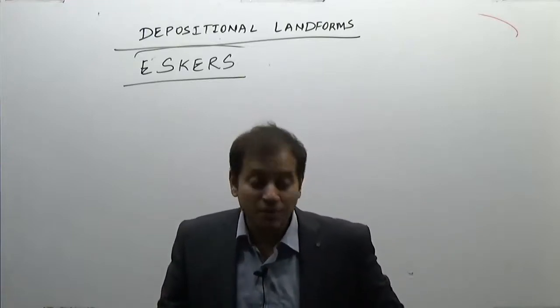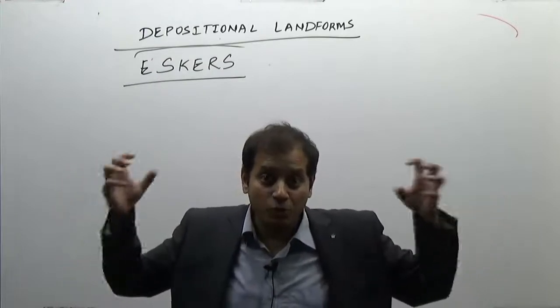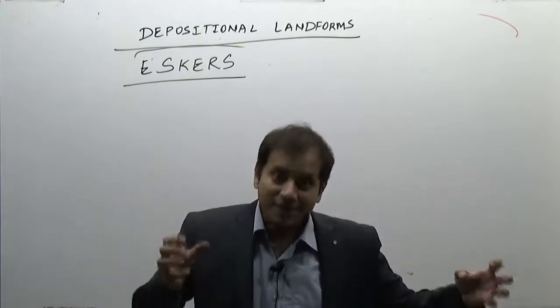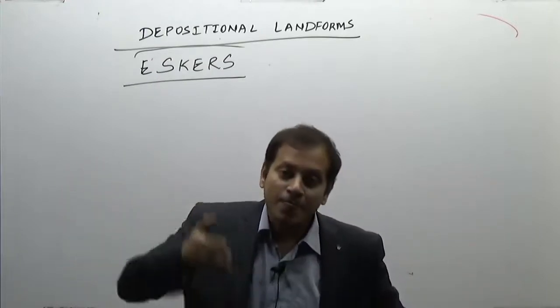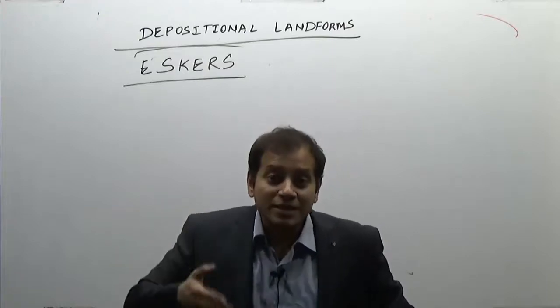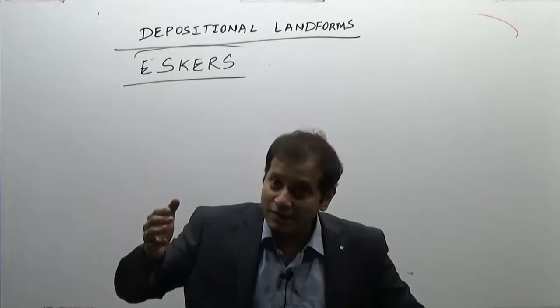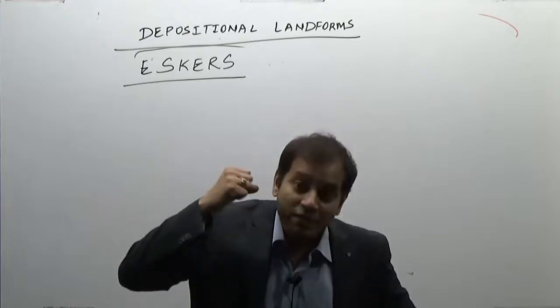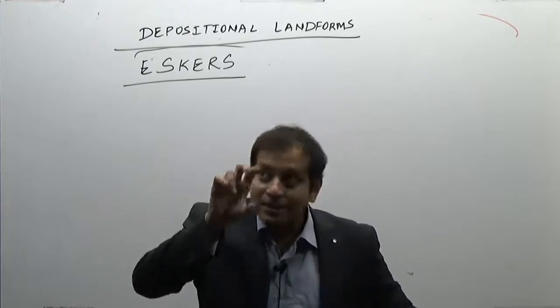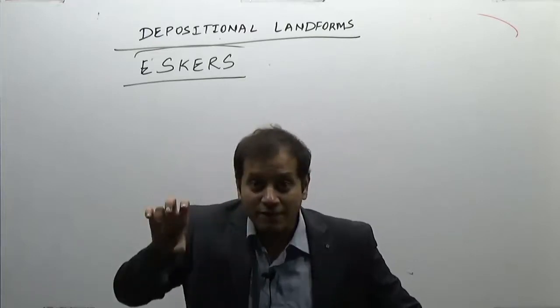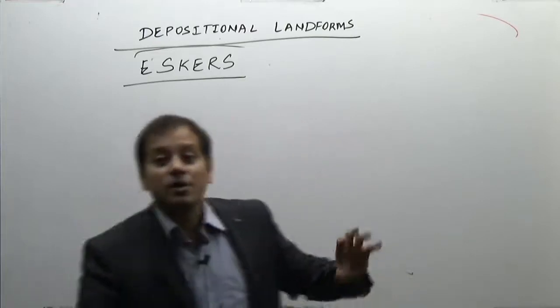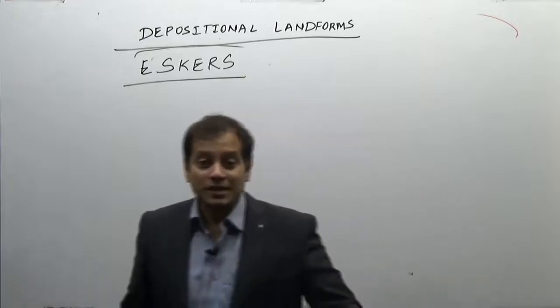Why is this? Because initially the glacier brought a large amount of sediments, then the glacier started melting, and the water which was flowing took the sand and gravel along with it. Over a period, the water has evaporated, and what remained is only sand and gravel, that is, the sand and small particles. These are known as eskers.